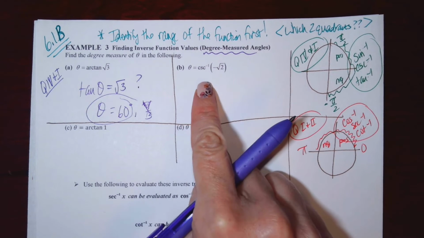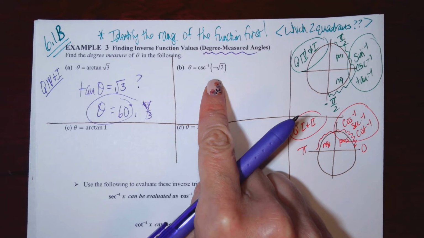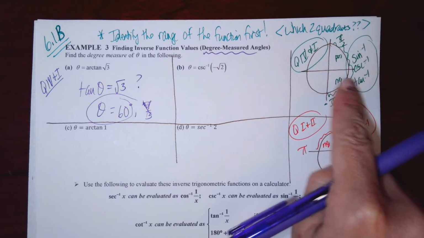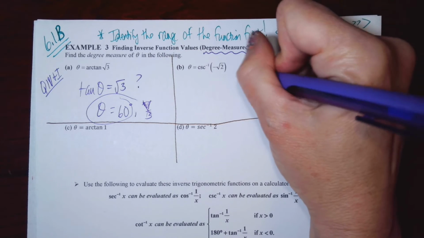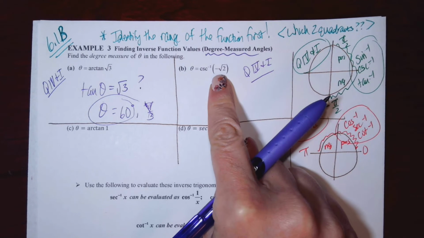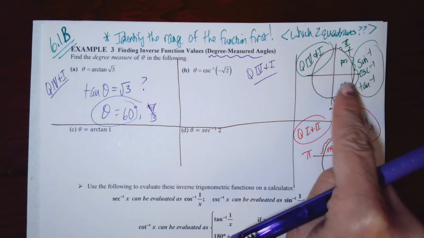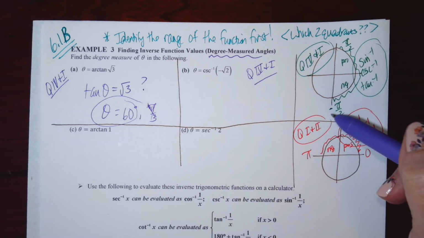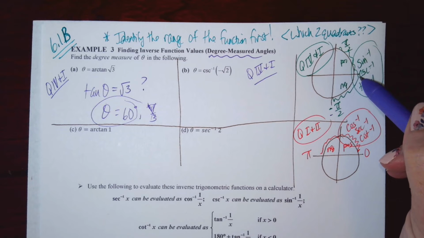Okay, cosecant inverse of negative square root 2. Well, cosecant is the reciprocal of sine. So once again, we're in quadrants 4 and 1. This is a negative function value, so I'm in quadrant 4, and that means I'm going to give it as an angle in degrees from negative 90 to 0.